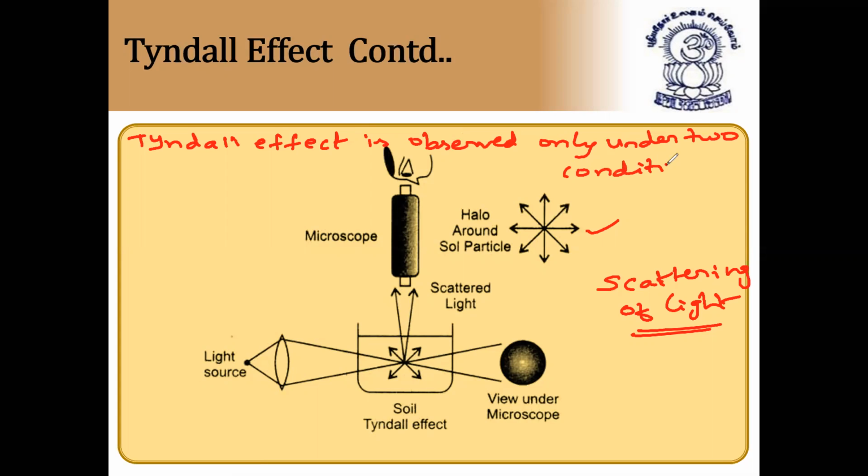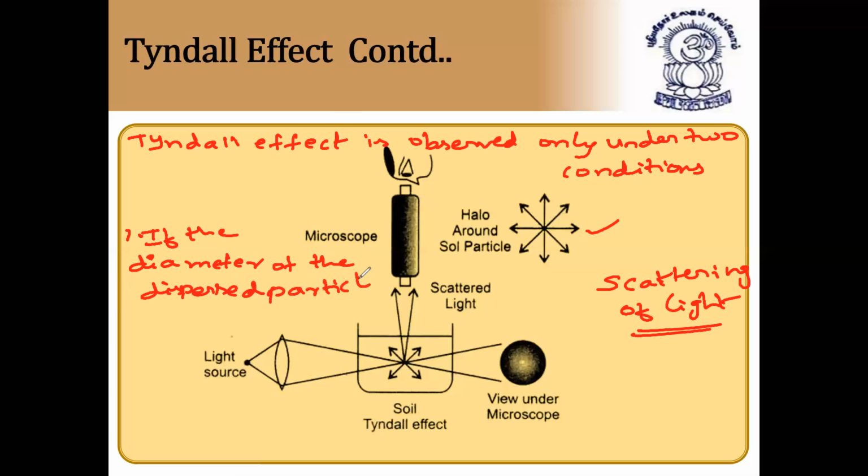First condition, please note it down: if the diameter of the dispersed particle is not much smaller than the wavelength lambda of light used. That is the first condition.